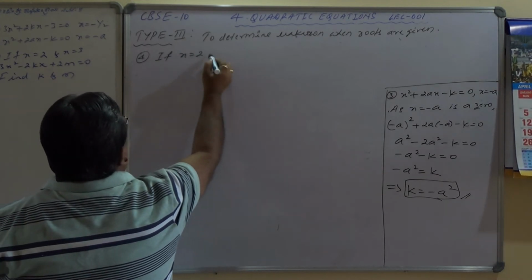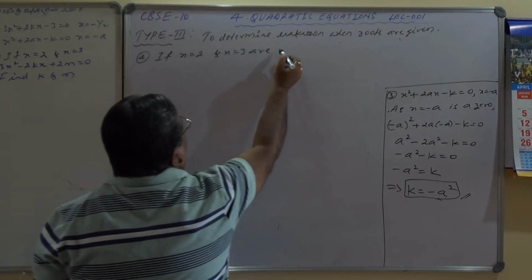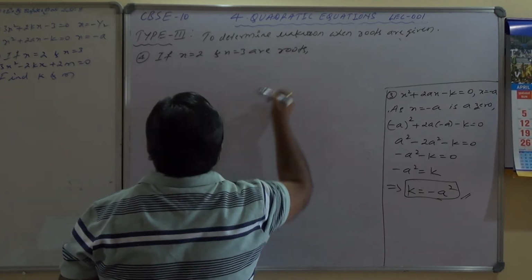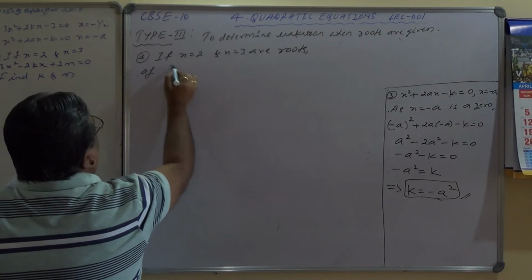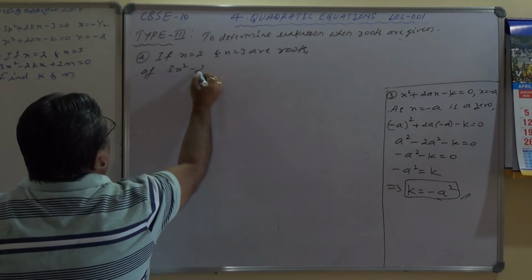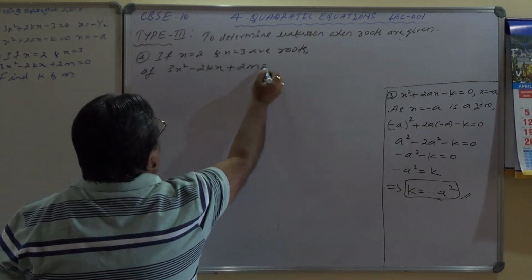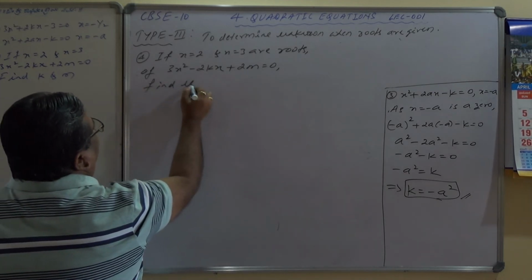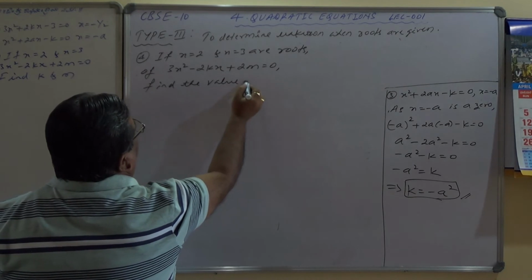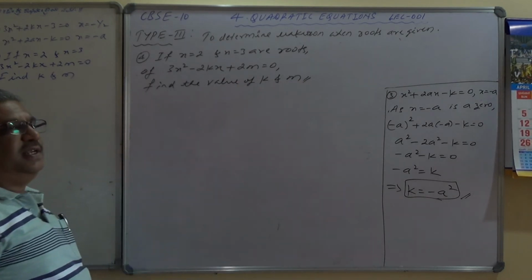If x equals 2 and x equals 3 are roots of 3x square minus 2kx plus 2m equals 0, find the value of k and m. This is how it is given.